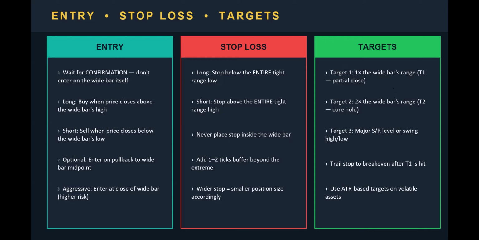Till then, do not move your stop loss. Wait till the target. Use ATR-based targets on volatile assets, because options are very, very volatile assets, and also because of time decay factors, you have to use ATR-based targets.